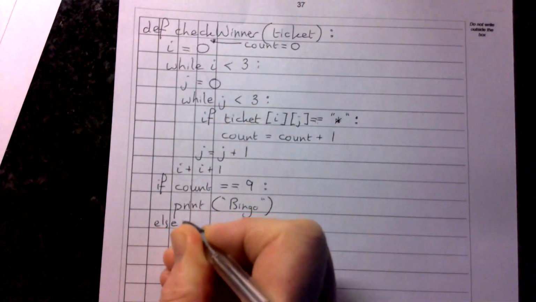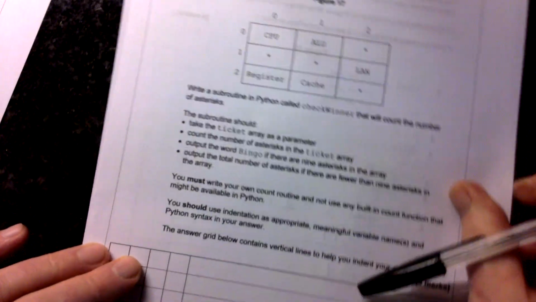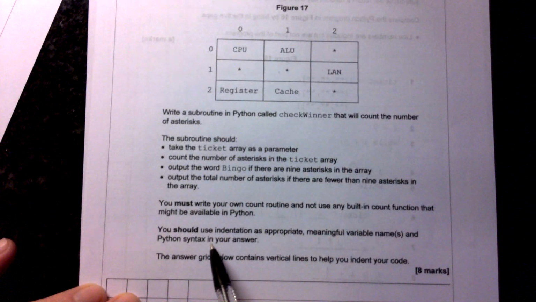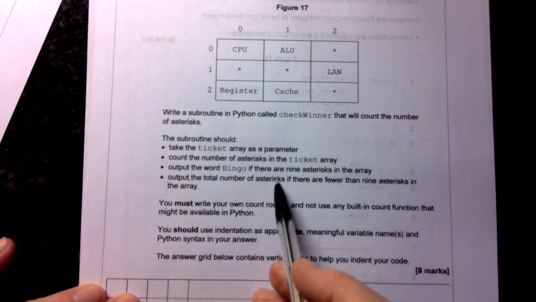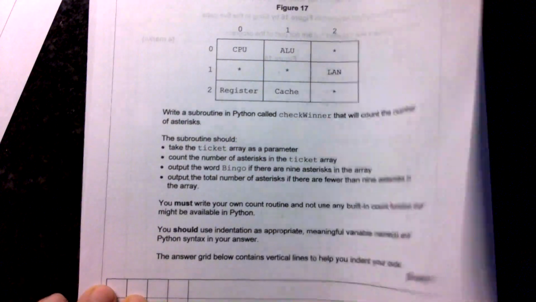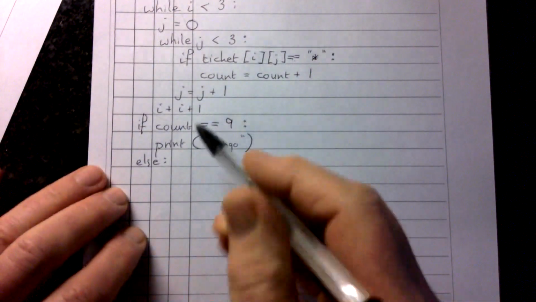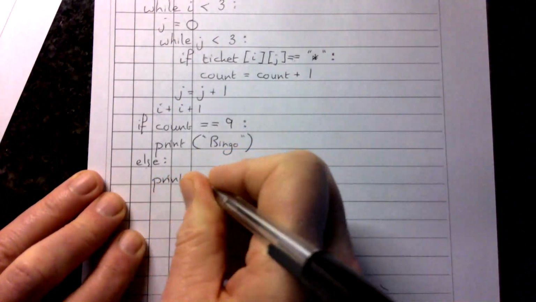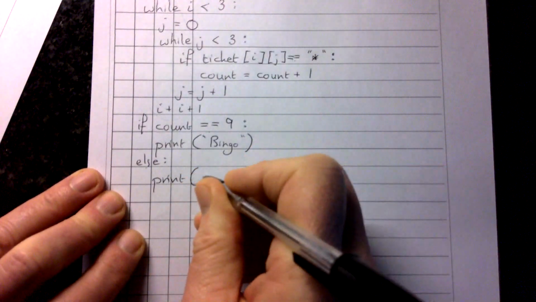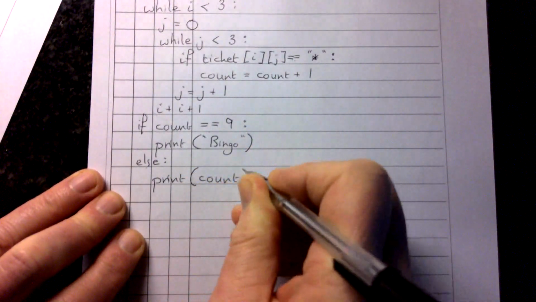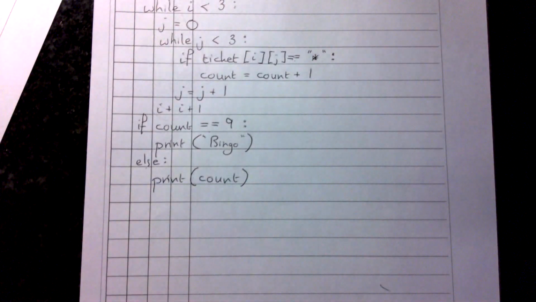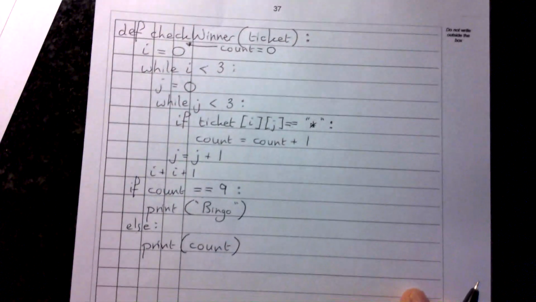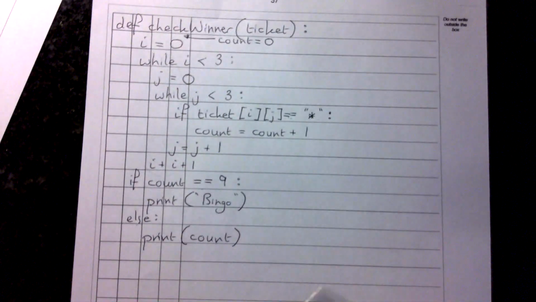Else, because it also says output the total number of asterisks if there are fewer than 9. So if the count is 9, we print bingo. Otherwise, we print, now you could write a fancy sentence if you like, I'm just going to put print count. And that is it. We don't have anything to return from the subroutine, so we can leave it at that. And you've now completed the whole of the paper. Well done.